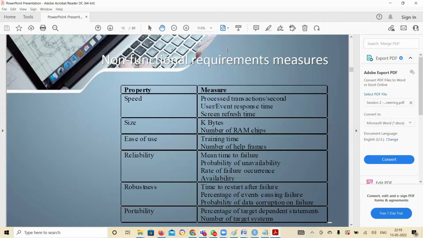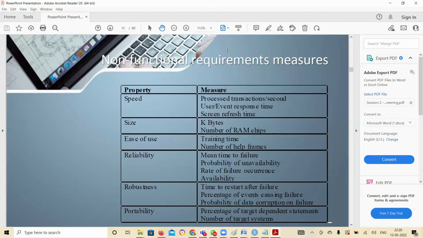Then reliability. We talk about mean time to failure, MTTF we call it. On average, after how many minutes or hours the system failed. So it is working and suddenly it failed. Mean means average. What is the average time after which the system fails? Then probability of unavailability.